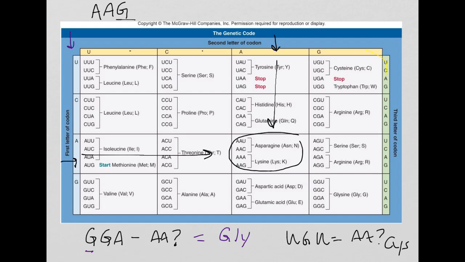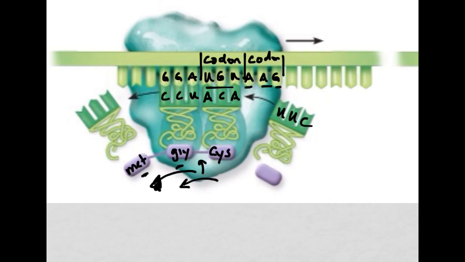And the third letter is a G. So AAG, lysine. Okay, so we go back, and we know that this is going to be lysine. Okay? And as soon as these guys take a step to the left, lysine will come on board and make a bond with cysteine.